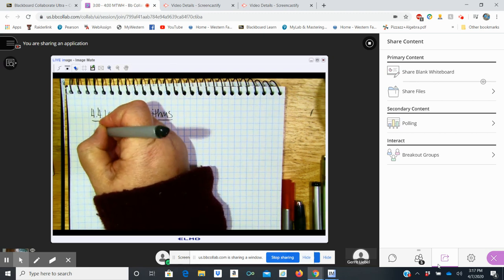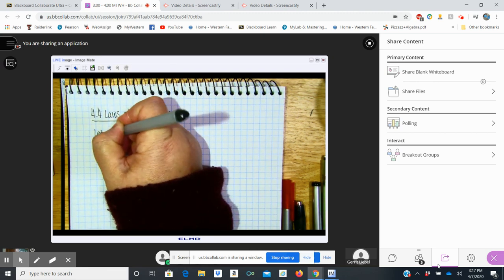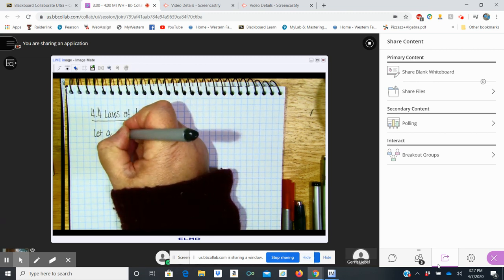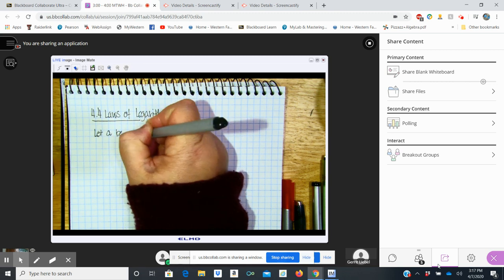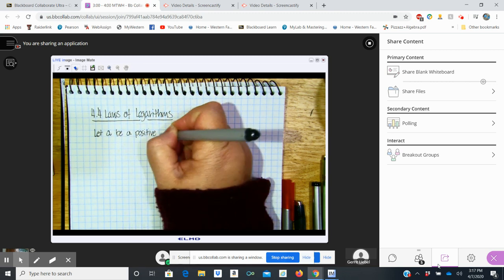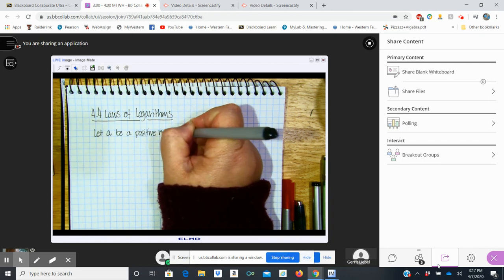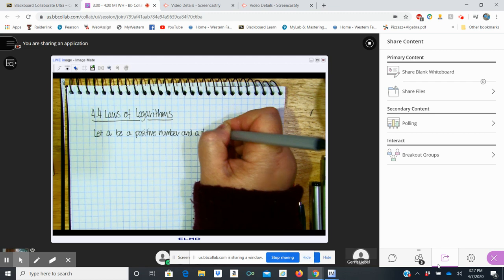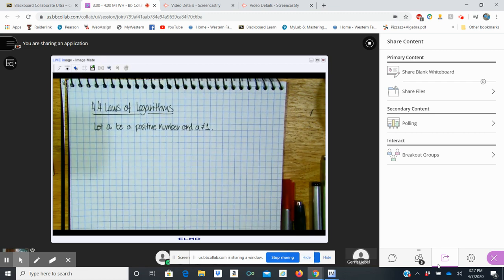So to start with, we're going to make sure that a is a positive number, and it can't be 1. So I'm going to use a lowercase a in my notation here, and it's going to be a positive number, but it cannot be 1.